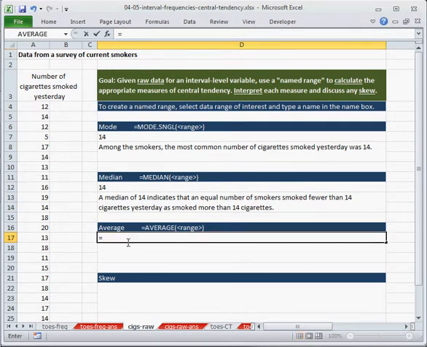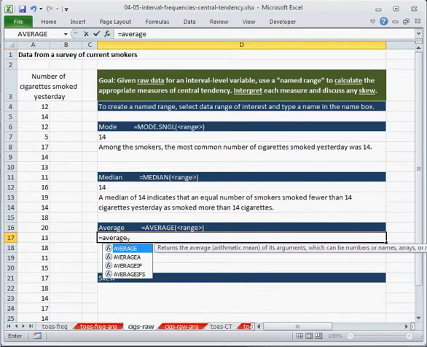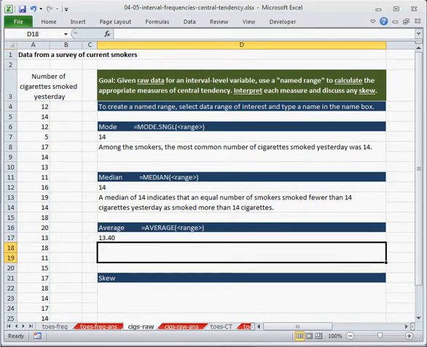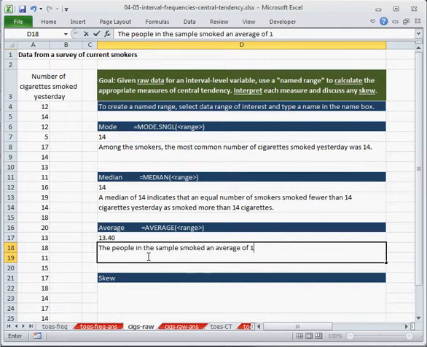Now the average is just average, and we can type in our named range, cigs. Now the average of 13.4 is telling us that the people in the sample smoked an average of 13.4 cigarettes yesterday.